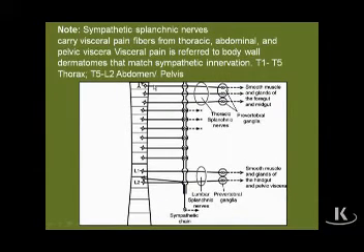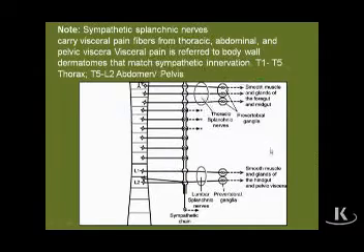Splanchnic means visceral, meaning that their goal is to synapse in one of the prevertebral ganglia below the diaphragm and participate in the visceral innervation of smooth muscle or glands that are serving gut structures and abdominal pelvic viscera as well. So note the other important feature about these splanchnic nerves: thoracic splanchnic nerves begin at the level of the T5 spinal cord segment.